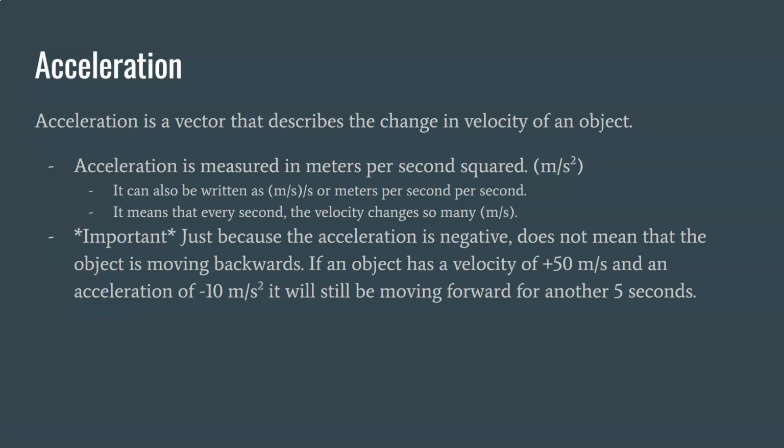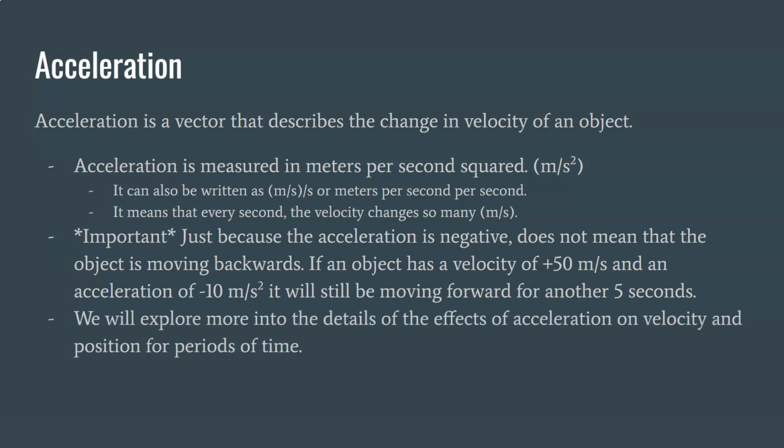And you brake, the acceleration is decelerating it at negative 10 meters per second squared. So you subtract 10 meters per second every second. So 50 minus 10 is 40. After 1 second, it'll have 40 meters per second. And then after 5, it'll have 0 because 5 seconds have elapsed of negative 10 meters per second squared.